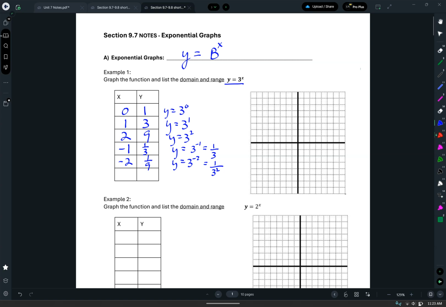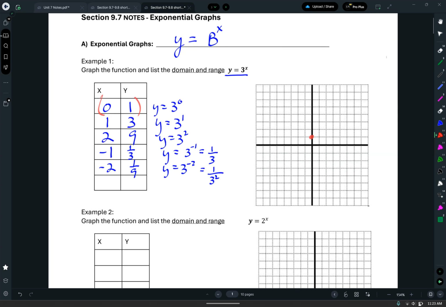So that means I have several ordered pairs. I've got the ordered pair 0, 1, so I'll put that right there. I've got the ordered pair 1, 3, just putting these points on. I'll put on the point 2, 9, so 2, 3, 4, 5, 6, 7, 8. I know it goes off, but 9 would be right up here.